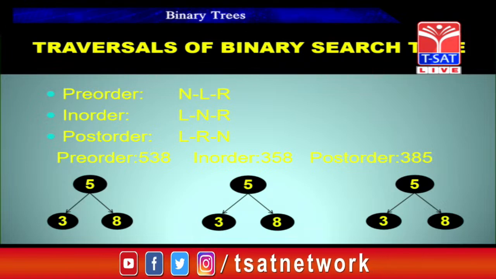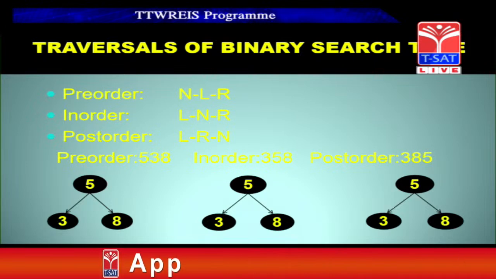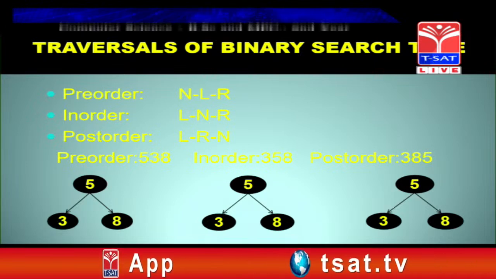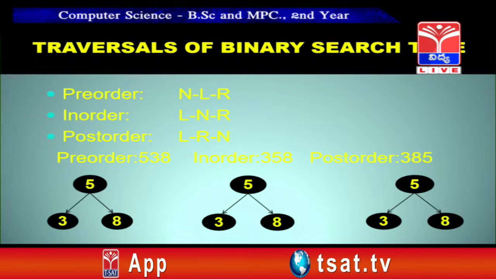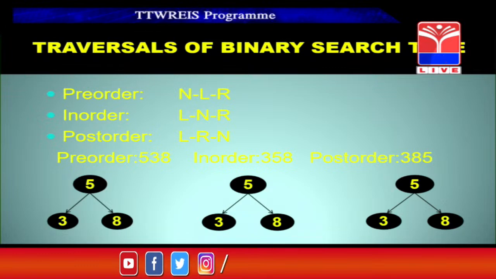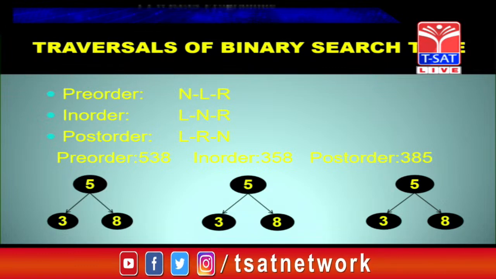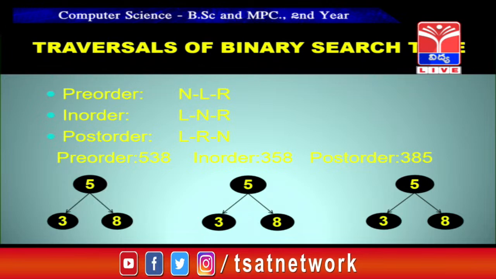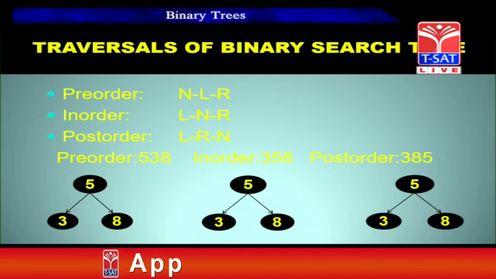So in this traversal we visit the left node first, then we visit the root node. Why? Because in this traversal we give the second priority to the root node. So we visit the root node second, then third we visit the right node. So it gives 3, 5, 8. This is the order of the data elements.